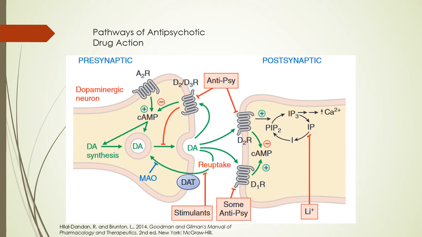Next, dopamine, once it is released into the synapse, will act on postsynaptic receptors. So the primary postsynaptic receptor would be dopamine 1. When dopamine 1 binds dopamine, then the levels of cAMP will increase and the cell will become activated. Okay?